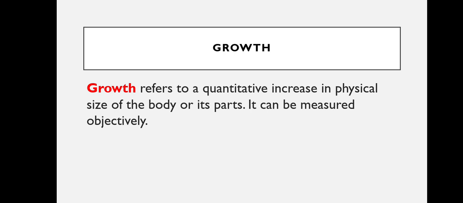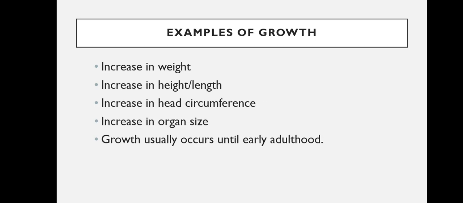So now, looking at the growth definition, let's look at some examples of growth. So we have increase in weight. Someone has gained weight, they are growing. Increase in height or length, meaning that someone is growing.